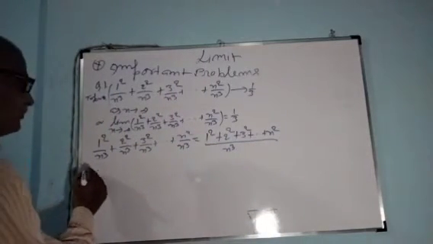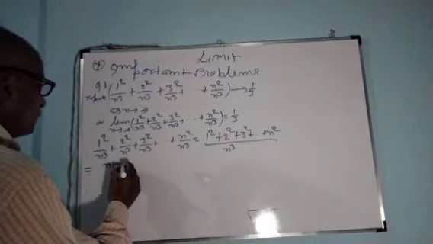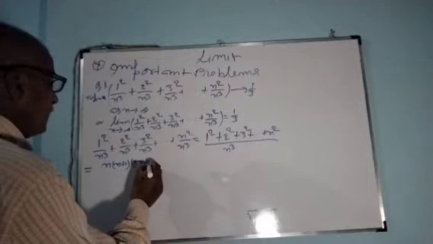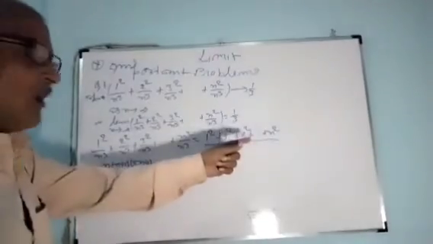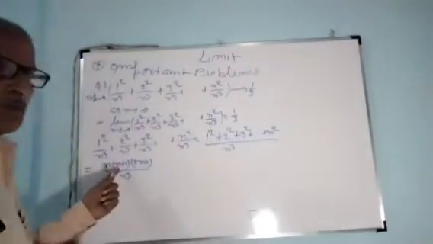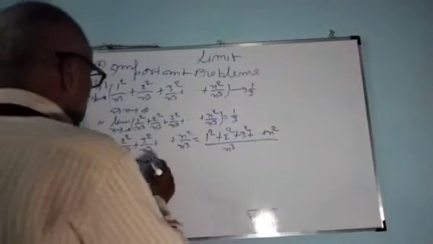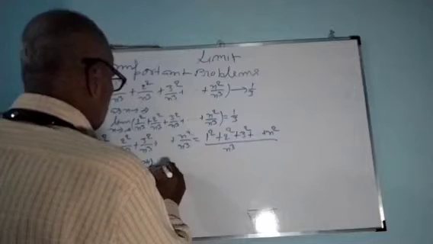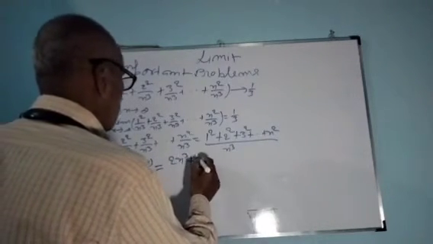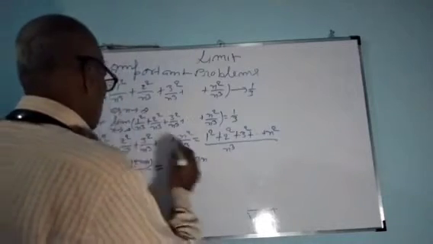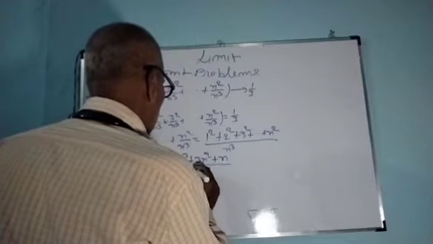This is equal to n into n plus 1 into 2n plus 1 over n cube. This is the summation of the series, from algebra we know this. This is equal to 2n cube plus 3n square plus n by n cube.